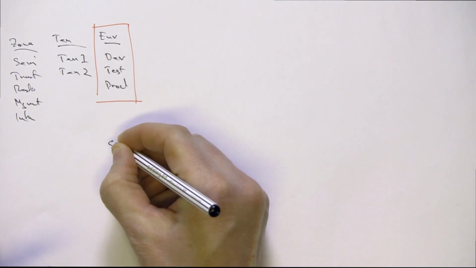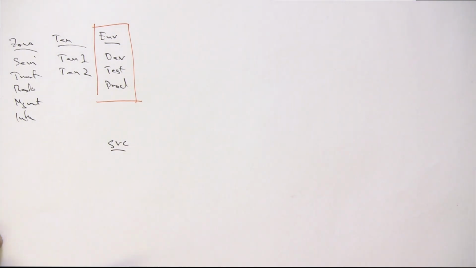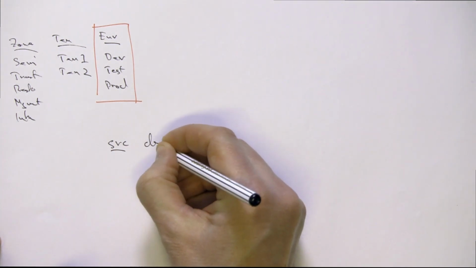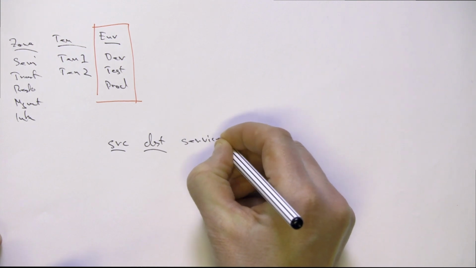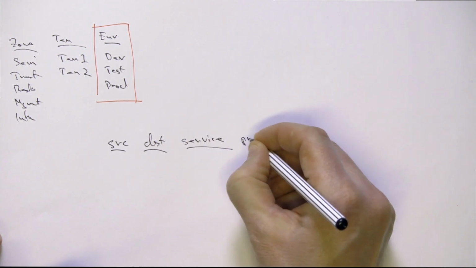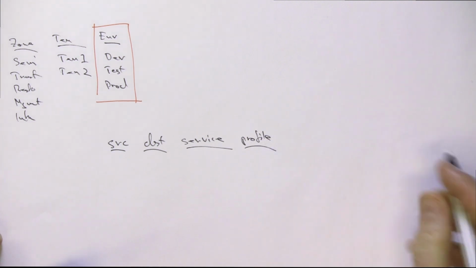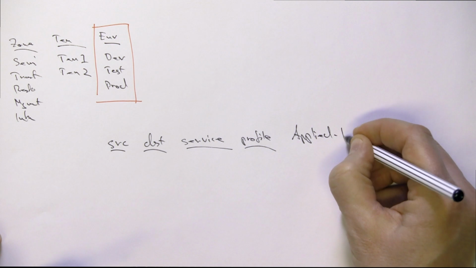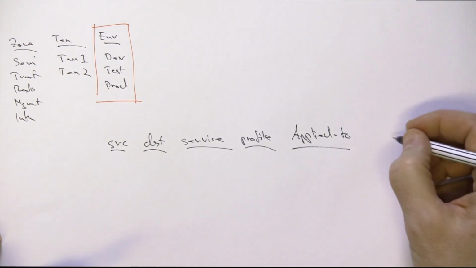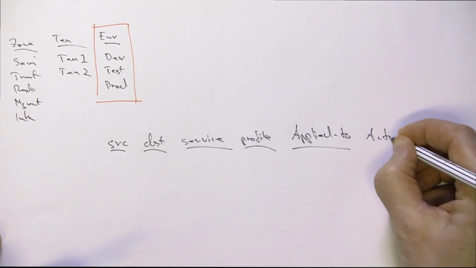So the rule set of a security policy in this example would look like this. Imagine that we have a source talking to a destination on a service, maybe with a profile. We say that this rule is applied to something, and of course the rule has an action.